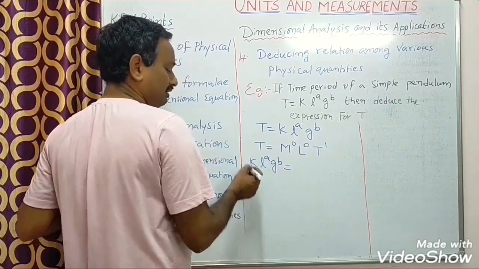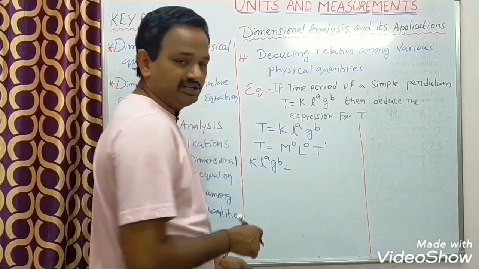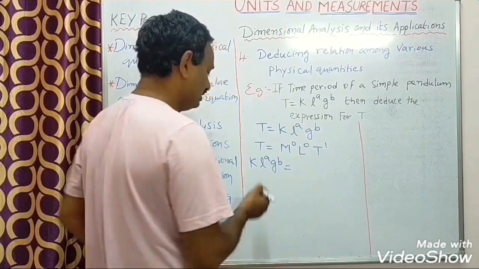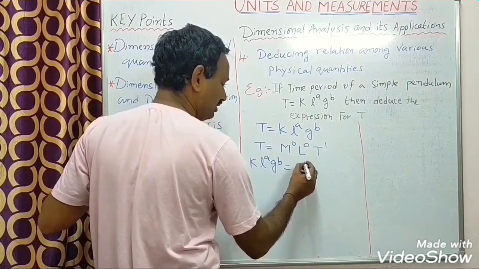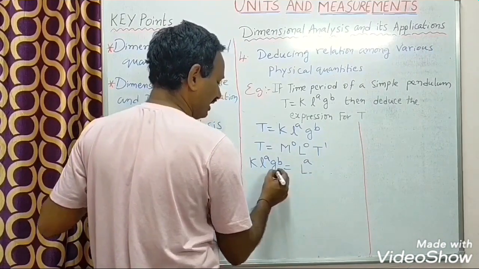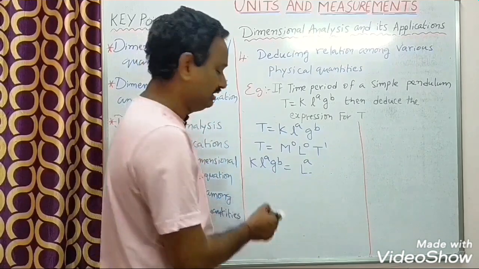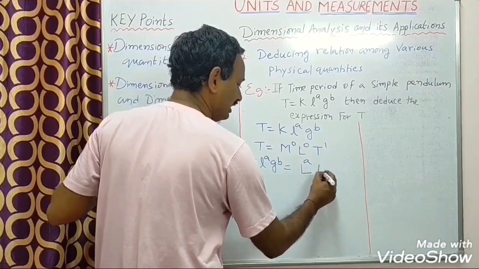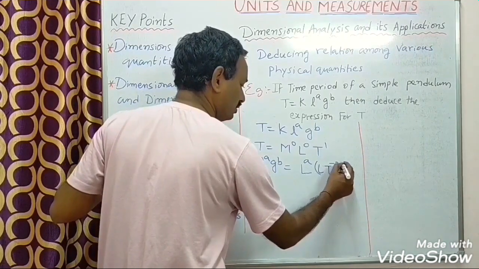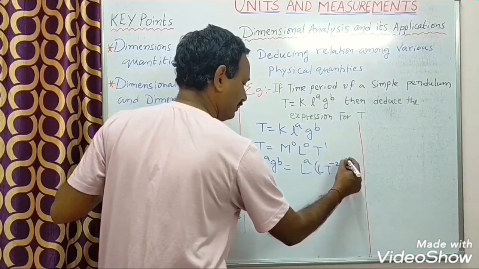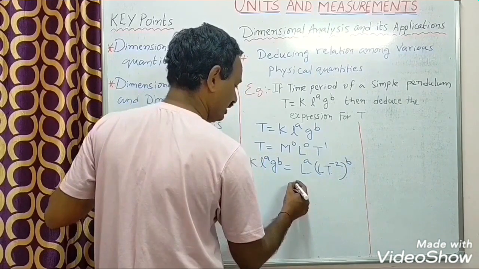For K, there are no dimensions for a constant, and for L the dimension is capital L whole power a. For acceleration due to gravity g, that is LT power minus 2 whole power b.